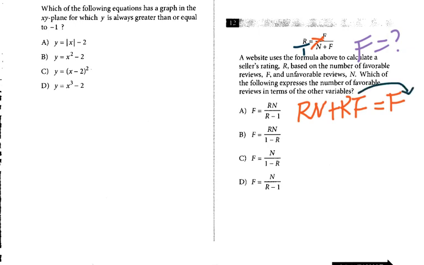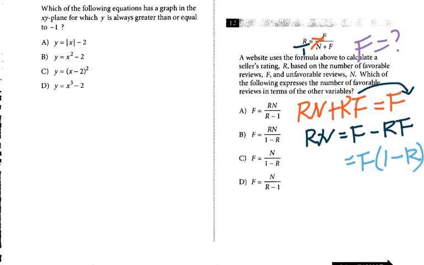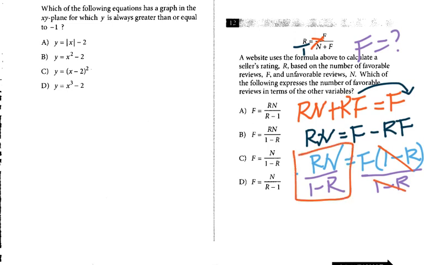I will move it over here. I got rn equals f minus rf. Then I take f outside. I got 1 minus r, and over here is r times n. Then since we're solving for f, we divide both sides by 1 minus r. That's why we cancel. f will be that, and that's the answer. So B will be the answer.